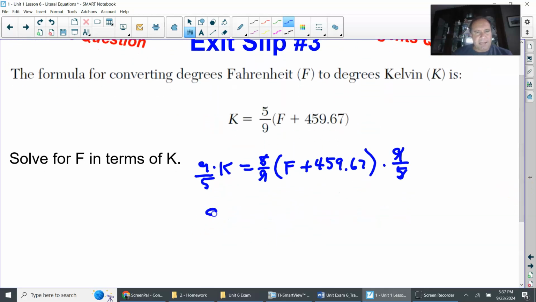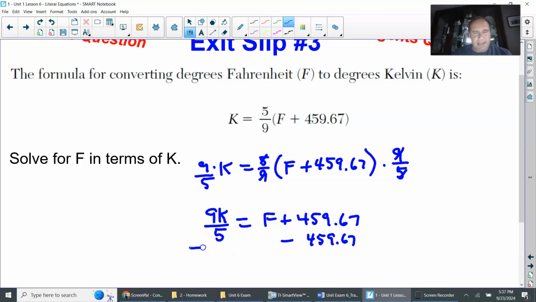And the way I'm going to write that is 9K, 9 times K, over 5. Right? Equals F, lose the parentheses, plus 459.67 minus 459.67.